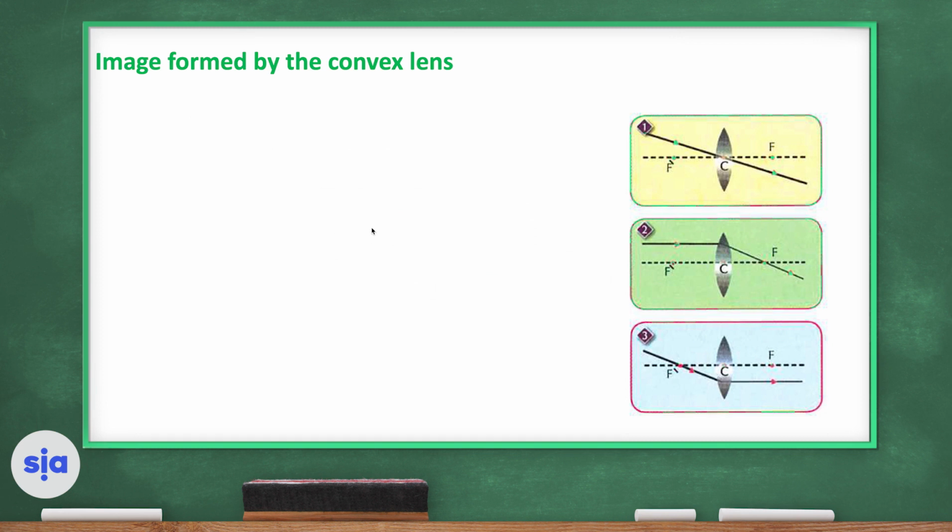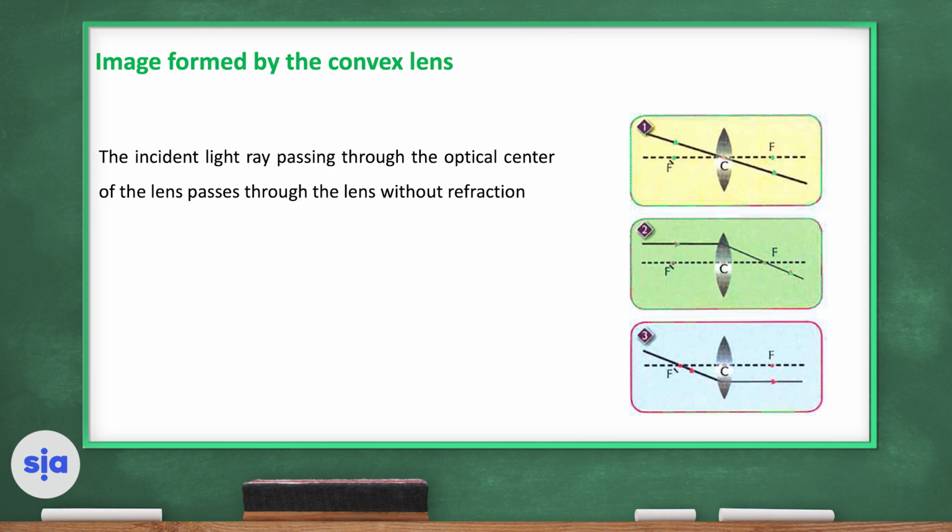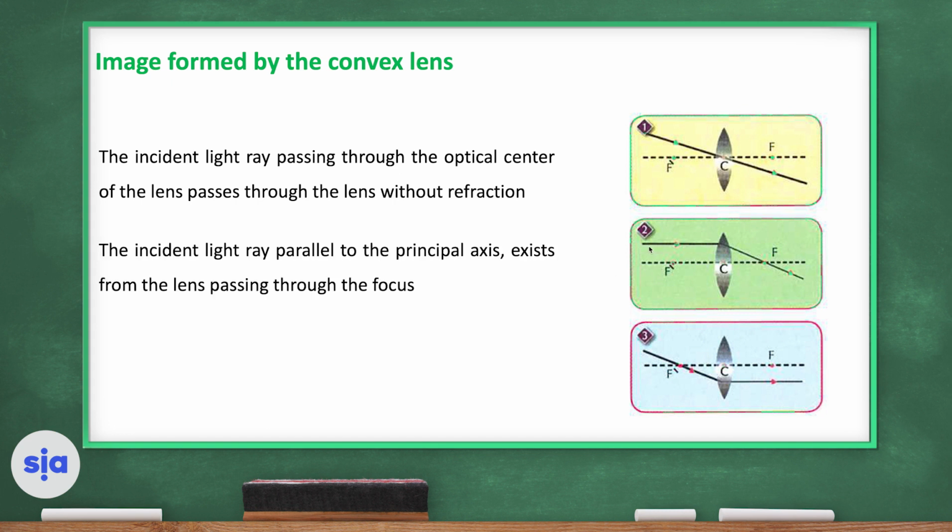Let's discuss together images formed by a convex lens. Whenever the incident light rays pass through the optical center of the lens, they will not refract. They will pass through the lens without refraction. But when the incident light rays hit the lens and are parallel to the principal axis, they will exit the lens passing through the focus or the focal point.